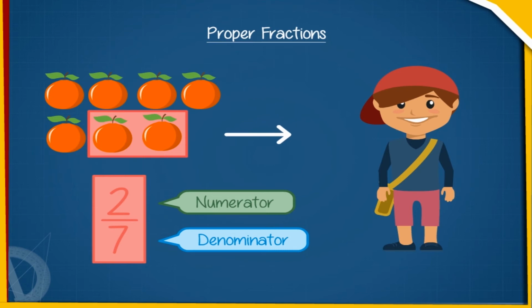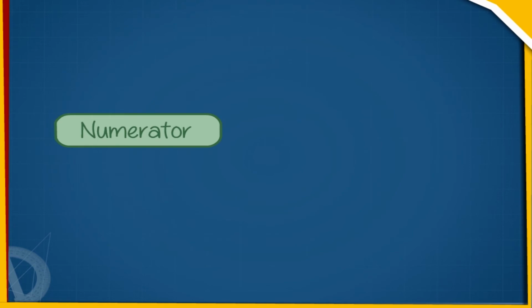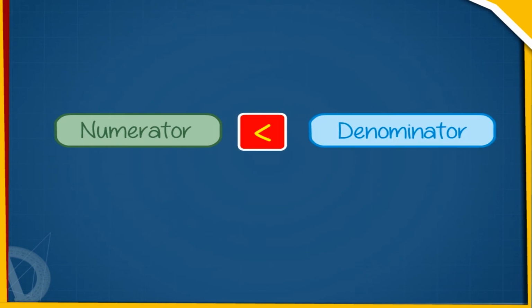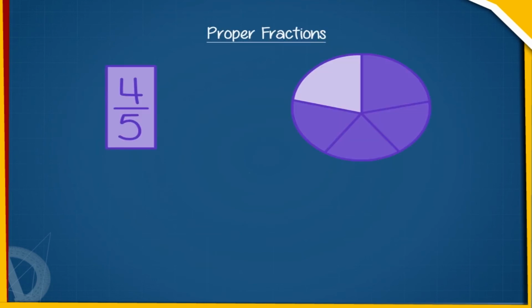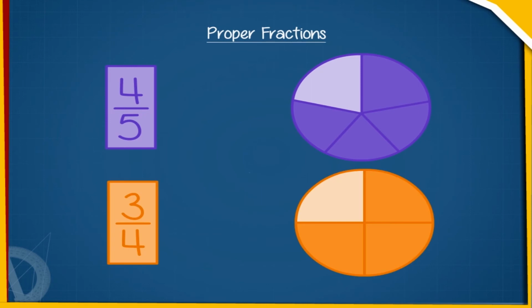A proper fraction is a fraction where the numerator is less than the denominator. For example, the fractions 4 by 5 or 3 by 4 are proper fractions.